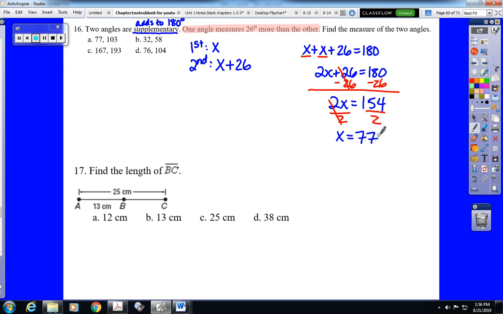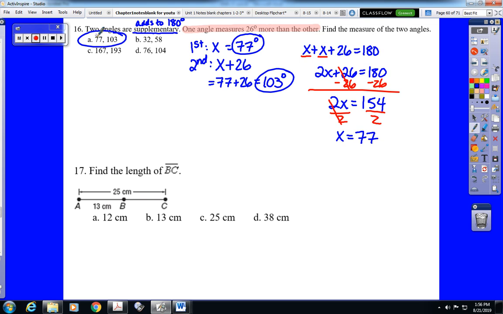And that is our first angle, because our first angle is x degrees, so 77. And the other would be 77 plus 26, or 103 degrees. So 77 and 103, answer A.